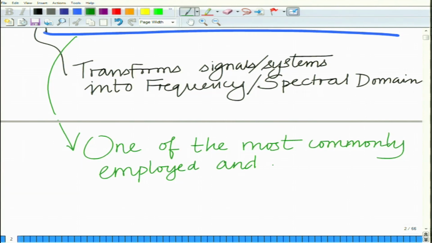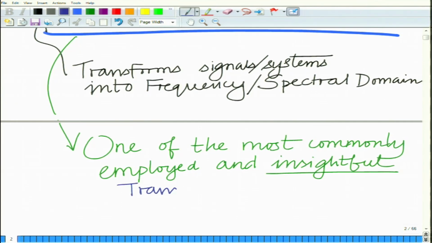More importantly, not just employed, it is one of the most insightful transforms, that is the key word here. By insightful, I mean that evaluating and examining the Fourier transform of a signal or a system immediately yields valuable insights which are not possible otherwise.